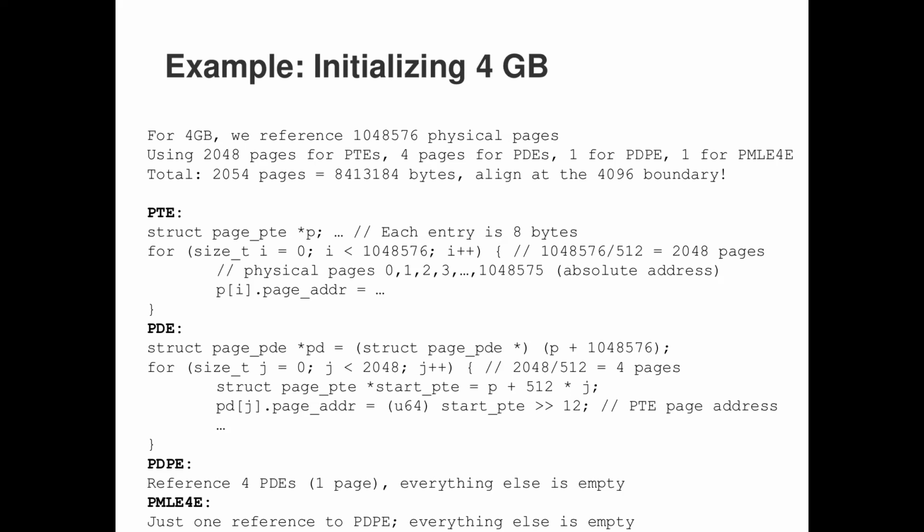So you have to initialize to 0 any entry that you don't use. Obviously you cannot reference less than 1 page. So if you just use the first entry of that page, initialize this first entry, but everything else, like the 511 entries, should be initialized to 0.